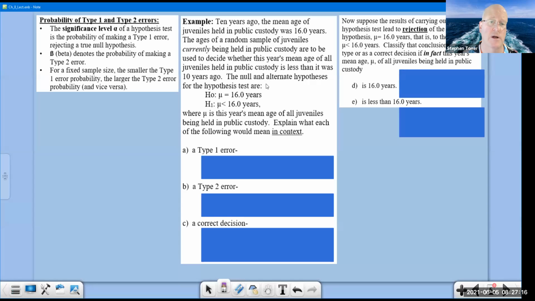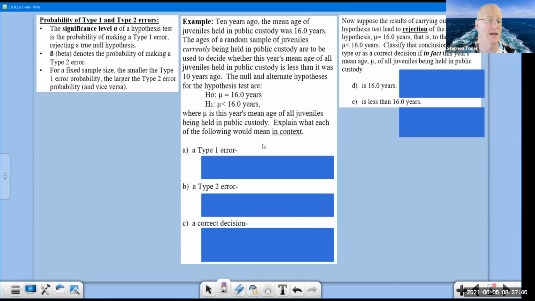So the null and alternate hypotheses are, and we assume in the null hypothesis the mean is still 16 years old. That's how old they were 10 years ago, that's how old they are now. But we're trying to see if the mean age is less than it was 10 years ago, in other words, whether it's less than 16 years old. So there's our null and alternate hypothesis, where mu is this year's mean age. Is this year's mean age under 16?